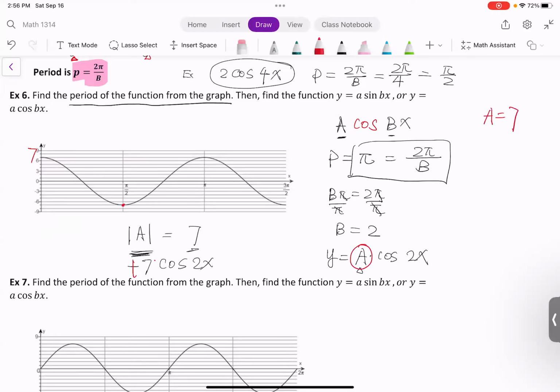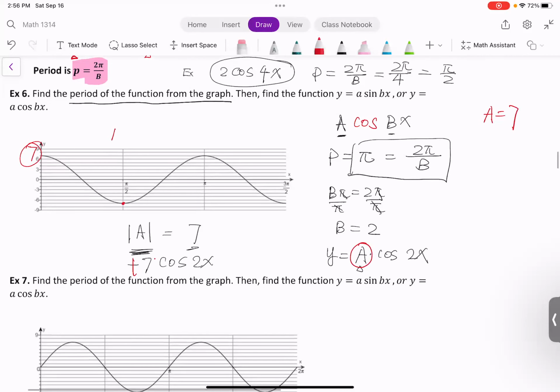We found it from the graph. First, I see the function is not reflected along the x-axis, so a is positive, because the sign in front of the cosine would be negative if the graph were reflected.